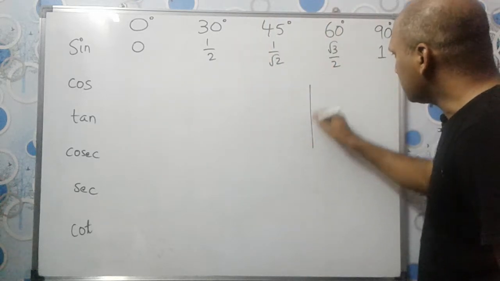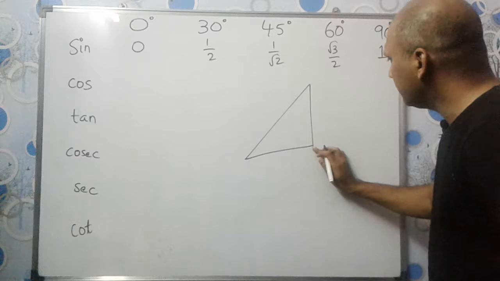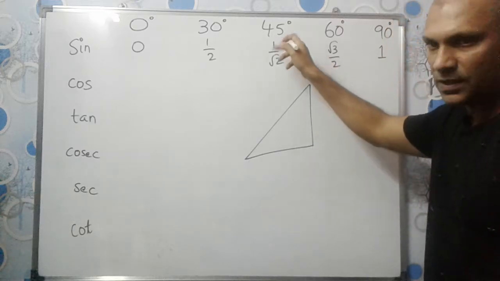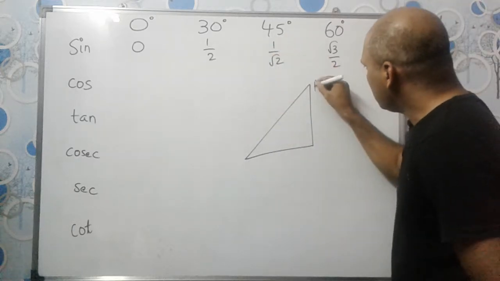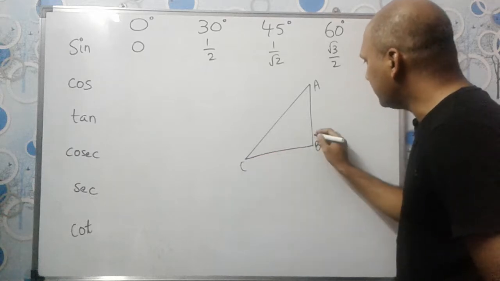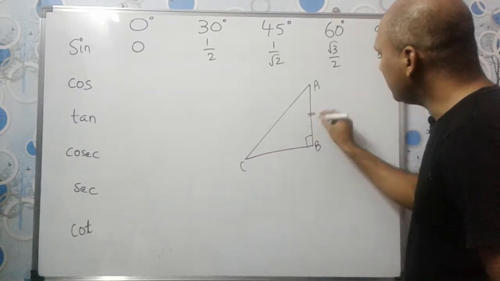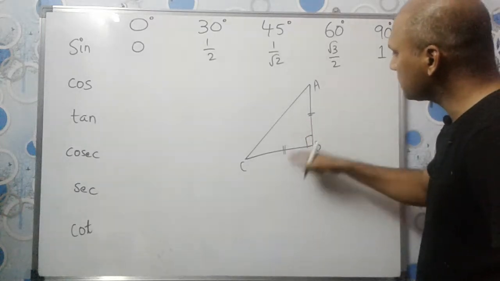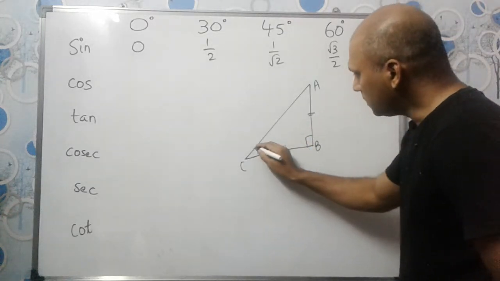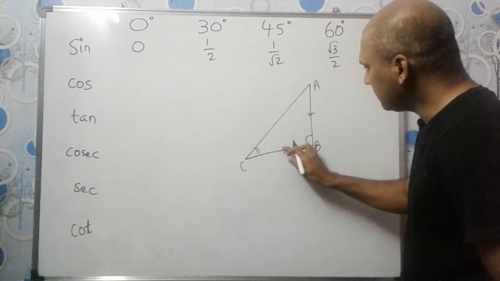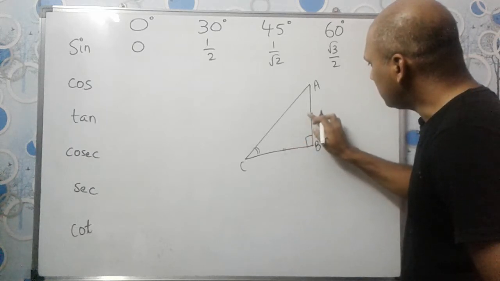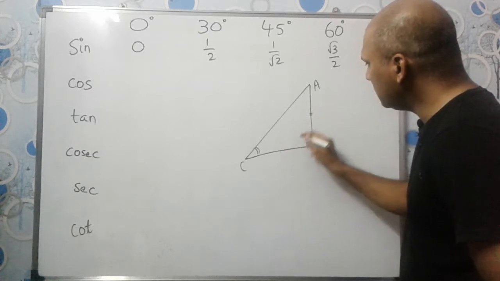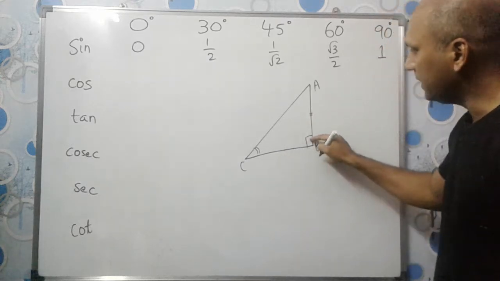Let me give you one example of this with 45 degrees. Let us take triangle ABC, right angle is at B, and let this be an isosceles right angle triangle. Isosceles means these two sides are equal. So if we consider theta here, now tell me what will be this angle C. This is 90.